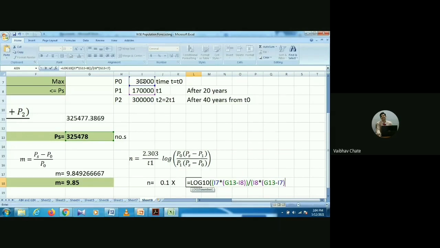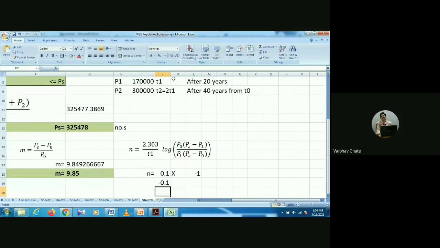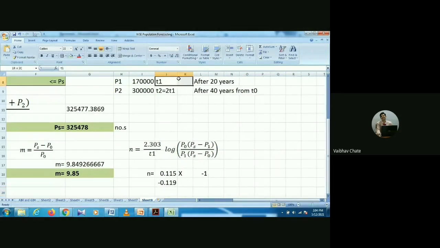P naught is 30,000. If I multiply 0.1 and this value, the n value that I'm going to get is, please check whether this value that I've calculated in the Excel sheet is correct or wrong.